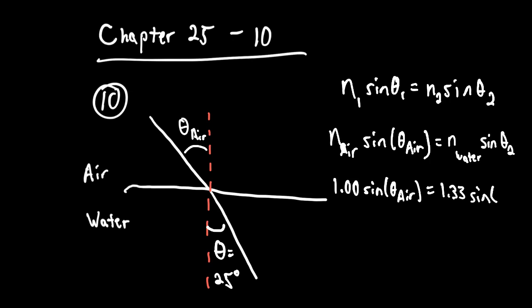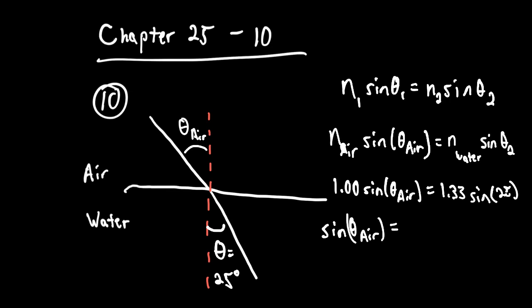Do I know theta 2? What is that? 25. So I can plug in some numbers. 1 times sine theta air, I just still have that sine of theta. That equals 1.33 times sine of 25.